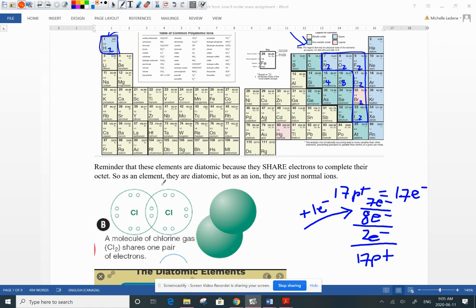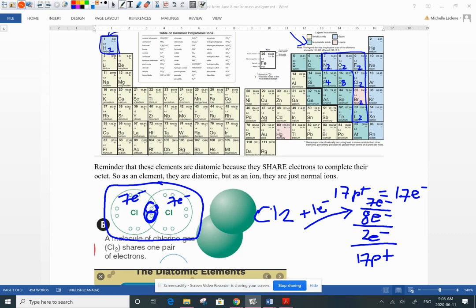Here's an example of chlorine gas. This is why it's Cl2, because we're sharing these 2 electrons. This chlorine has 7 electrons on the outer energy level, and this chlorine has 7 electrons. These 2 are sharing, and that forms what's called a covalent bond, and that's why it's a diatomic element.